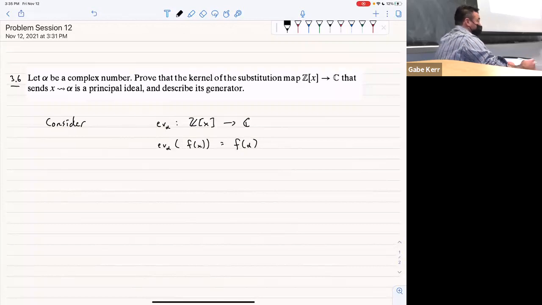Could be injective, it's possible. In this case, well, okay, it's principal, it's generated by zero. So the generator is zero. So let's assume none.